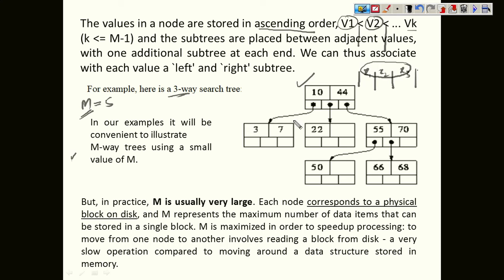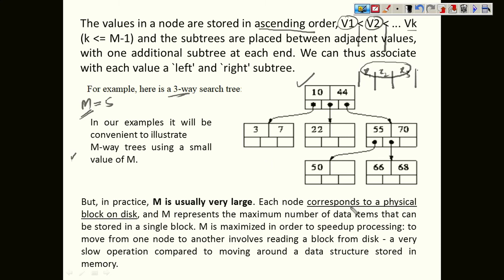This is the simplest form of M-way search tree where m equals 3. So you can see here that every node has a maximum of 2 values and can have 3 children. We have taken this just to understand how it can be represented, but in real life m represents very large values.